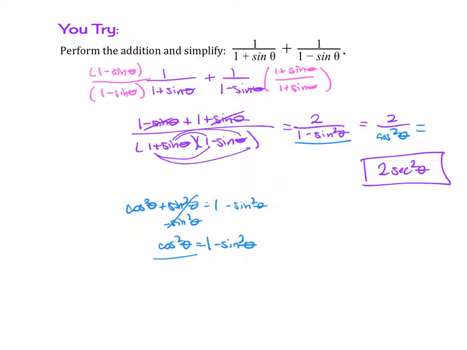In the denominator, when you multiply that through, you get 1 minus sine squared of theta. Then, you remember the Pythagorean identity, so we can substitute 1 minus sine squared of theta with cosine squared of theta. So now you have 2 over cosine squared of theta, and then that just gets rewritten as 2 secant squared of theta.